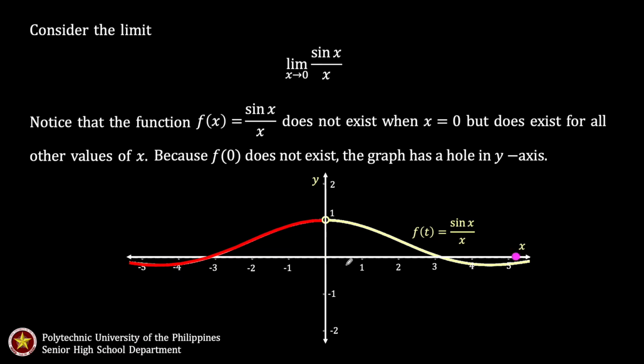And same reasoning if we consider the right region. As we move forward close enough to 0, the function values gradually approaching to positive 1. So this implies that the limit of this function as x approaches to 0 is equal to 1 as per the graph we had on the previous slide.